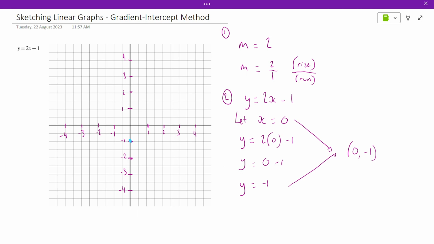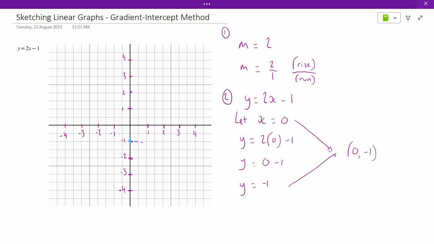Okay. Second thing, we are going to use our gradient to figure out our next coordinate. So let me do that in purple. So if our gradient is rise over run, and we know up in our first step that our rise is 2 and our run is 1, then from my first coordinate of 0, negative 1, we're going to be running 1 unit. So I'm going to do that first.